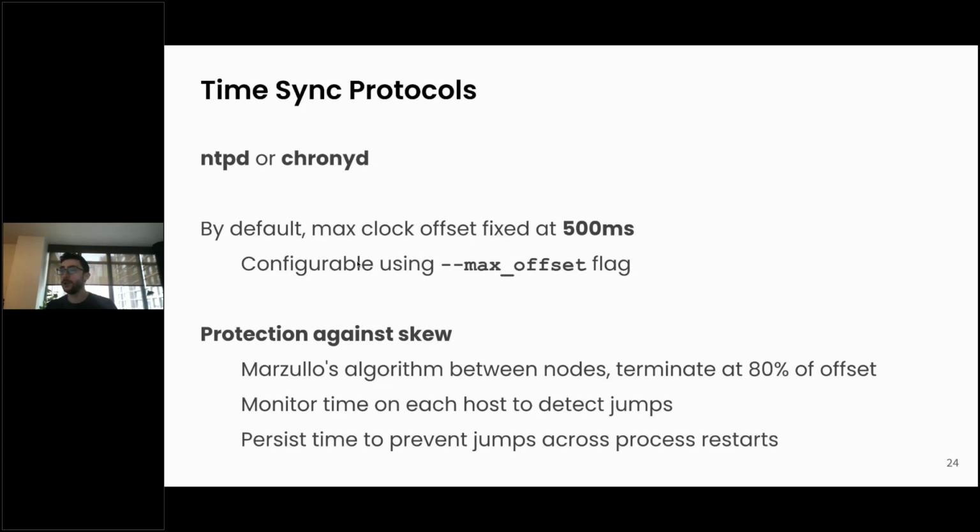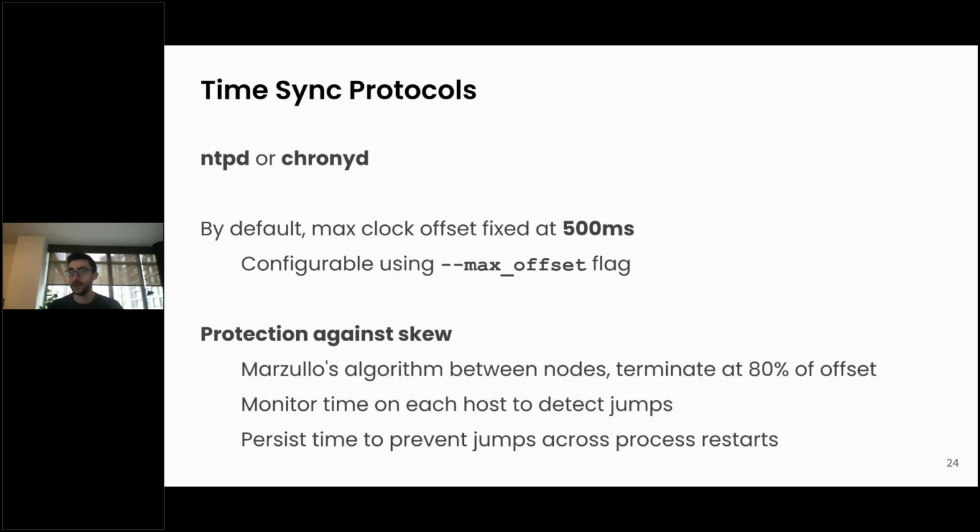So there is some protection against clock skew in Cockroach. Between any two nodes, the system is running Marzullo's algorithm to detect the expected clock skew between those two nodes. And so it's monitoring how bad the skew is getting. And Cockroach will simply terminate any outlier nodes once they reach 80% of this maximum clock offset.